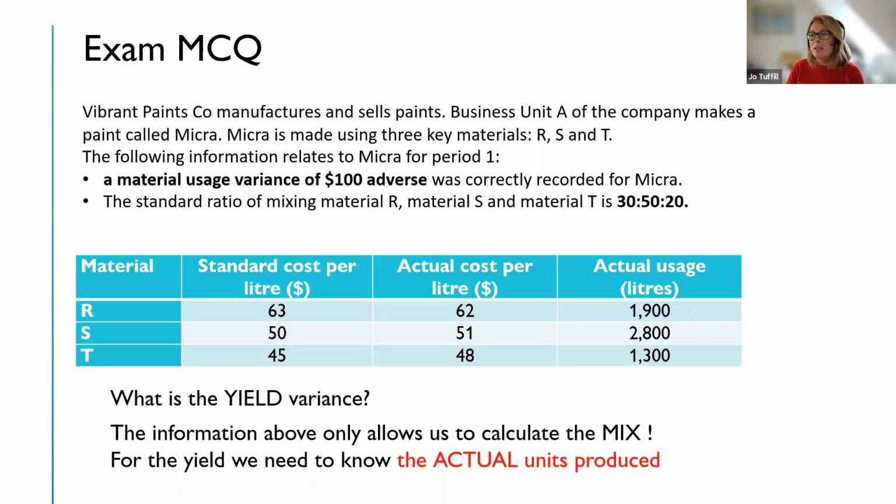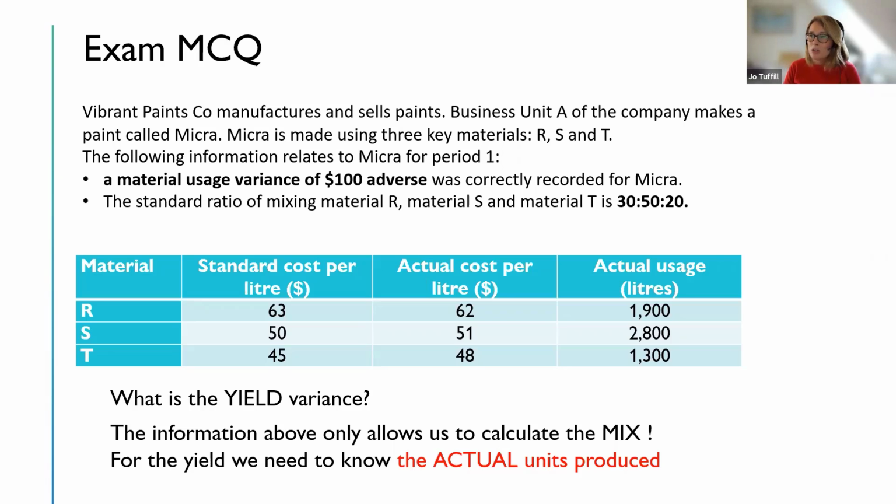For the yield, we'd need to know the actual units produced, and we'd need to know the amount of materials that would go into each of those units in total. That's the issue here, okay? So they're tricking you. What they're going to do is give you this information, and then everybody will use it to calculate the mix variance and think that's the right answer, because that will be a distractor in the question.